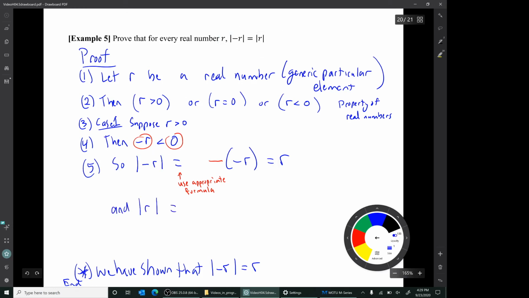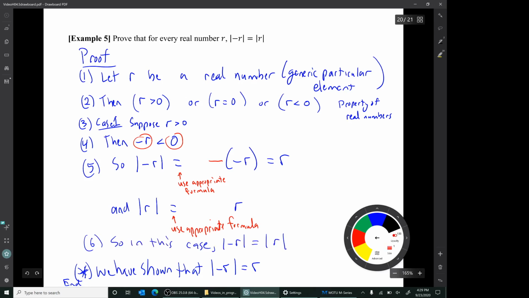Well, here again we have to use the appropriate formula. The appropriate formula is, well, we know that the thing that's sitting inside the absolute values is greater than 0. So we just use the absolute value formula that says the absolute value of this is going to be just r. And so we've shown that in this case, the absolute value of negative r is the same as the absolute value of r.